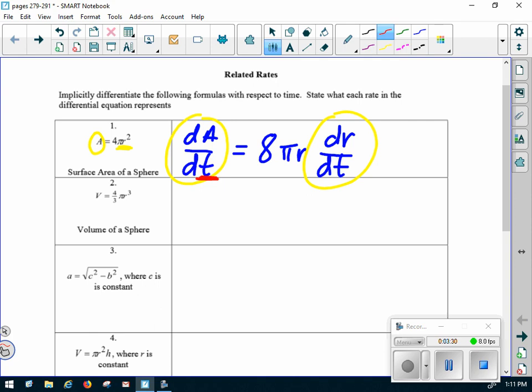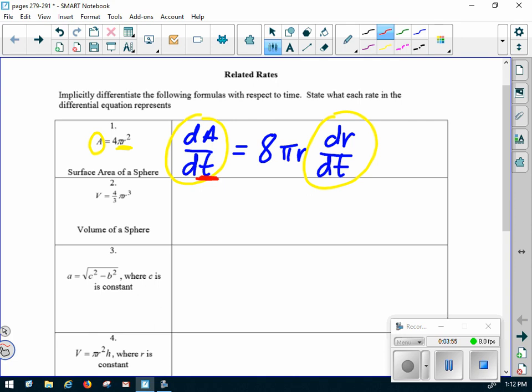If it was not radius and it was like 4 pi t squared, then you wouldn't have that. You won't have a t in these equations. Because what we're doing is trying to find a rate of change of some unknown with respect to time.